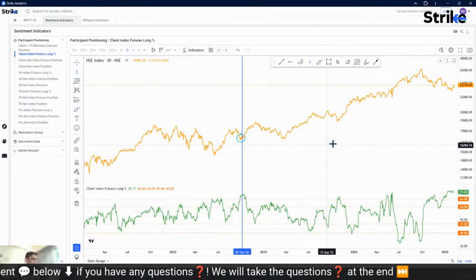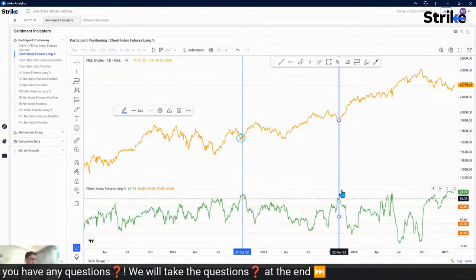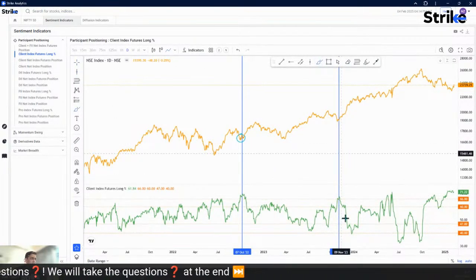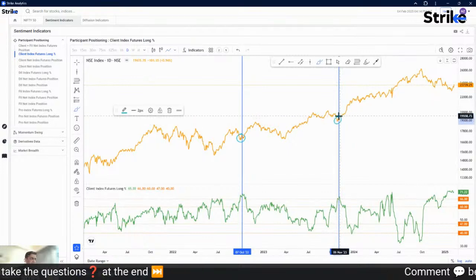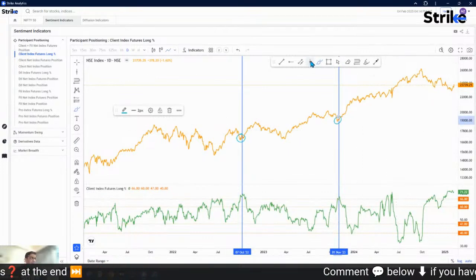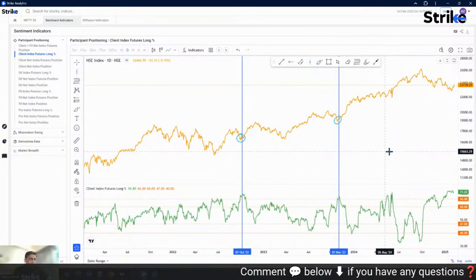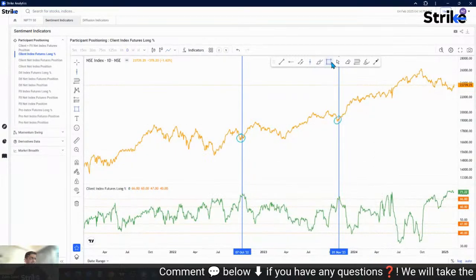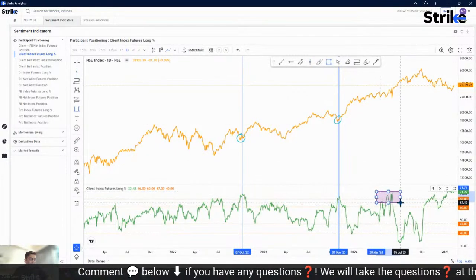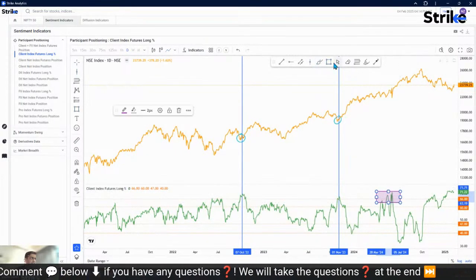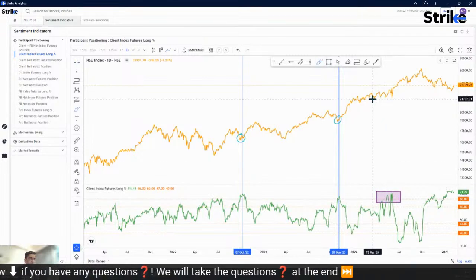When did this come? Whenever there was an extreme reading over here, we saw a short term bottom. Whenever there was an extreme reading once again at these levels, we saw that the market made a kind of bottom at around these levels.